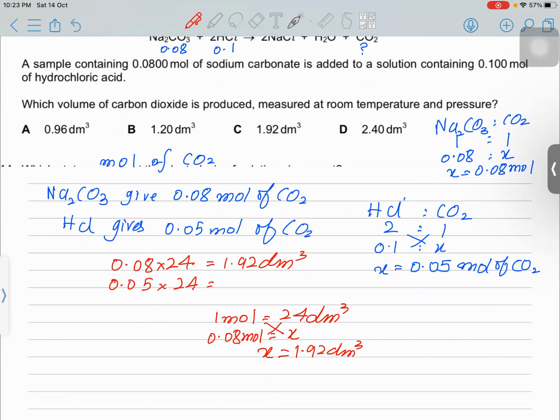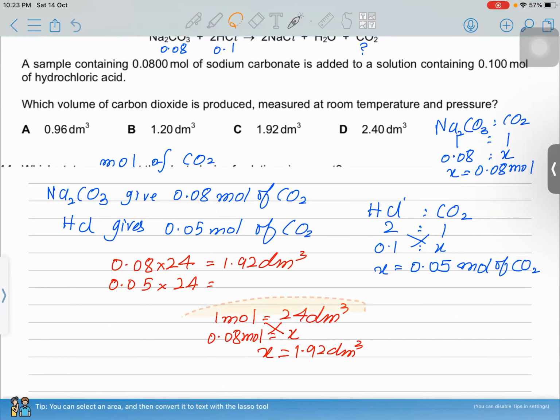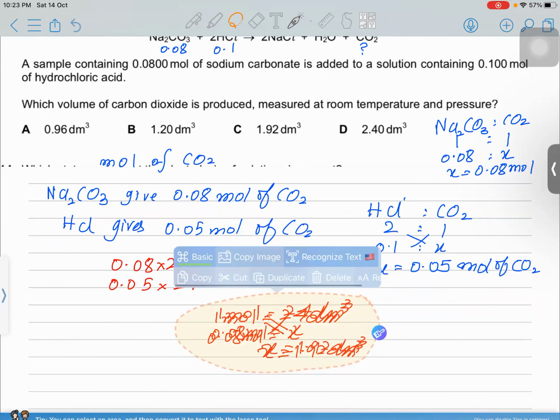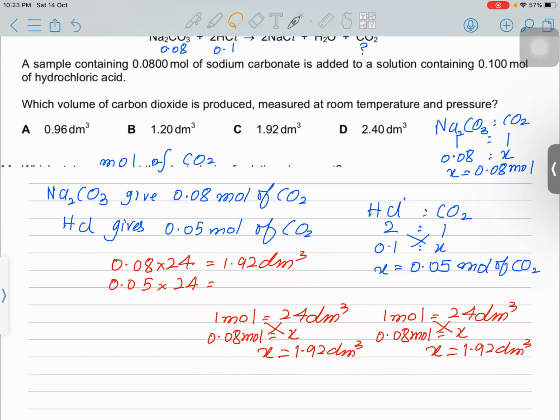Now, similarly, for HCl, here we have 0.05. 0.05 multiplied by 24 is 1.2.